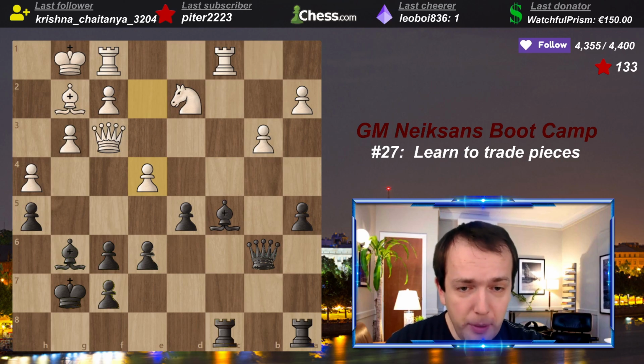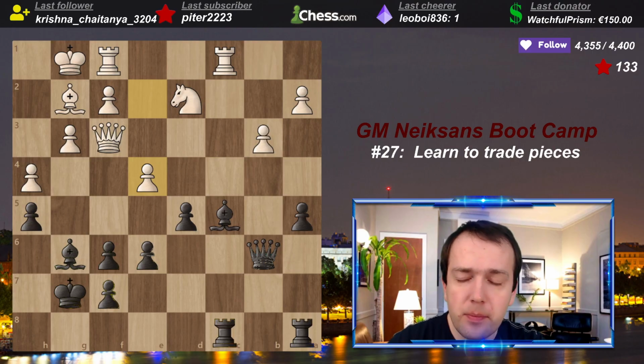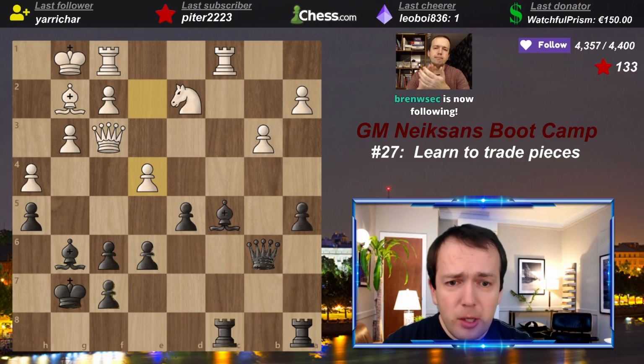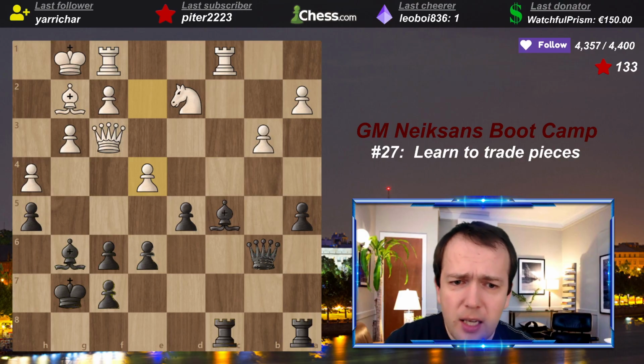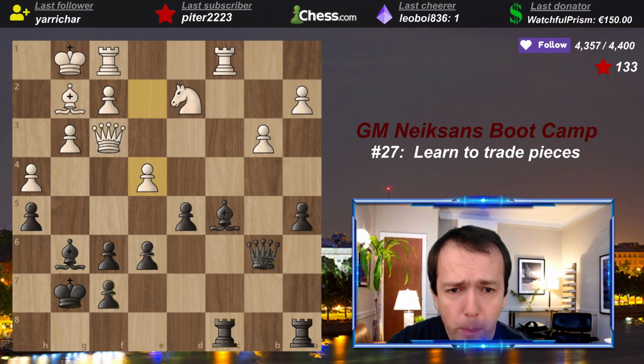You need some counterplay. I understand your thought process. But the biggest problem is this knight on d2, it's a bad knight. Although, when I'm looking at this from a normal perspective, I can just take on e4, because again this opens the position.